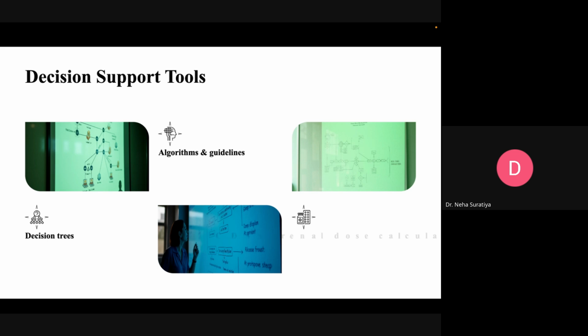Okay. Also, we have some CDSS tools, like clinical decision support system. Clinical decision support system, for example, renal dose calculators. Okay, we have tools that use creatinine clearance or eGFR to adjust the drug doses in kidney impairment. Please understand, this is very, very important. I always ask students whether you are going with the decision support tools or not in the board rounds, right?